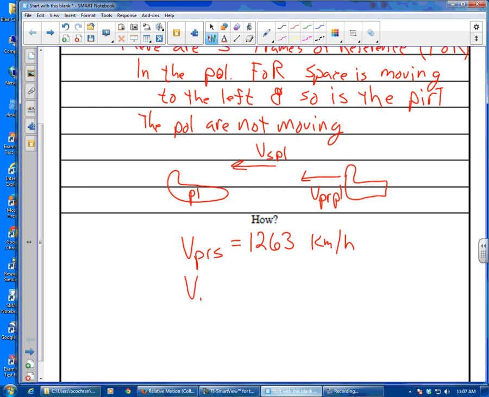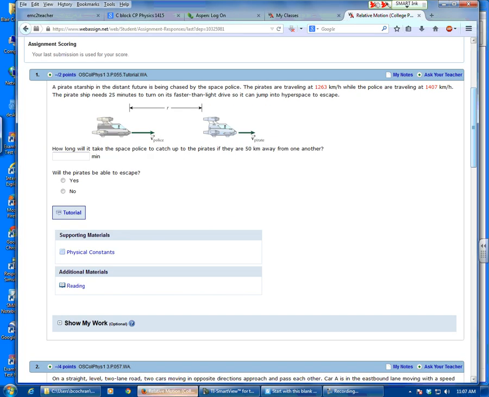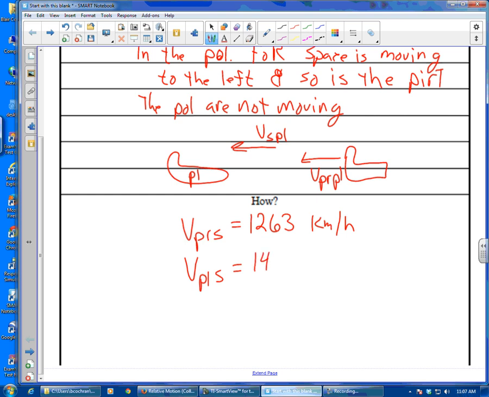And we're told the velocity of the police with respect to space is 1407 kilometers per hour. Which direction do you guys want to call positive? To the right? Okay. So we'll call this direction positive, which means that both of these should be listed as positive, right? Because both of those are given to us as moving to the right. Yes? Okay.